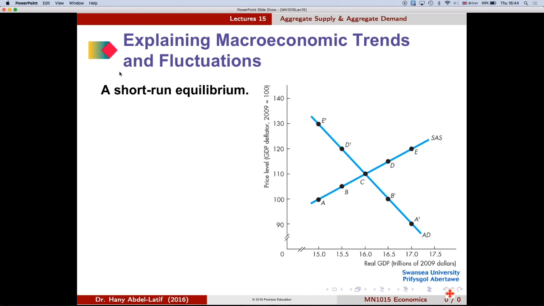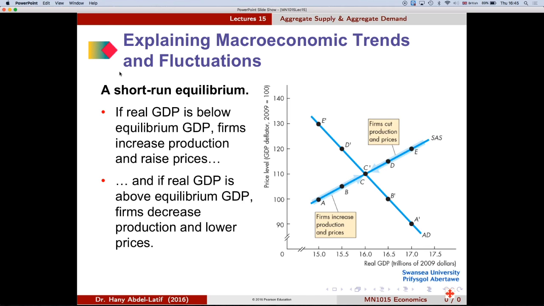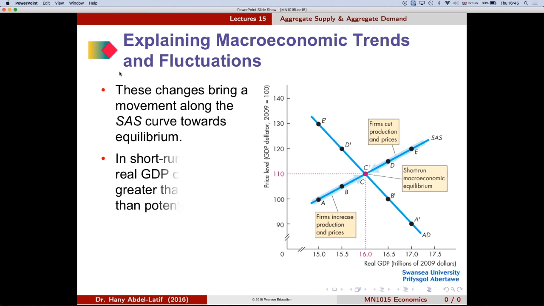So again, the short-run equilibrium happens where the aggregate demand curve intersects the short-run aggregate supply curve. So you'll see this is the equilibrium point.